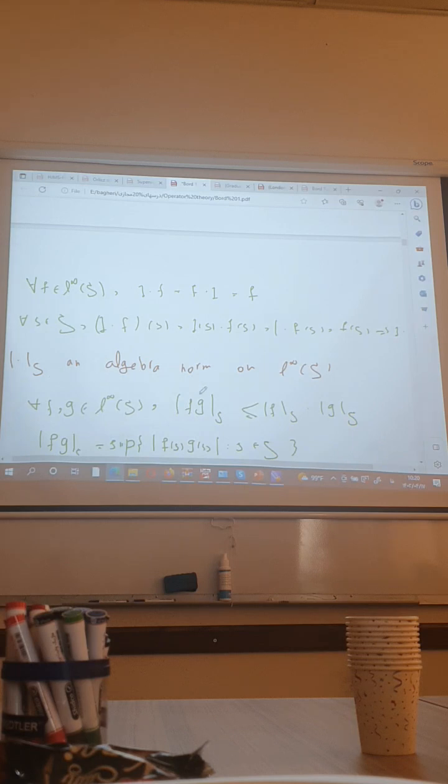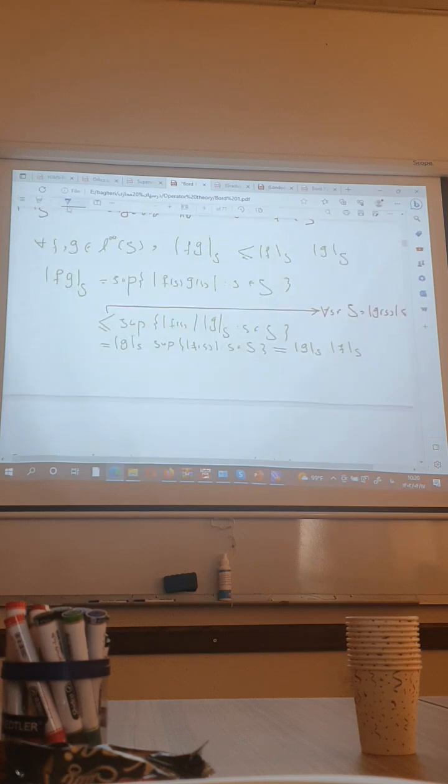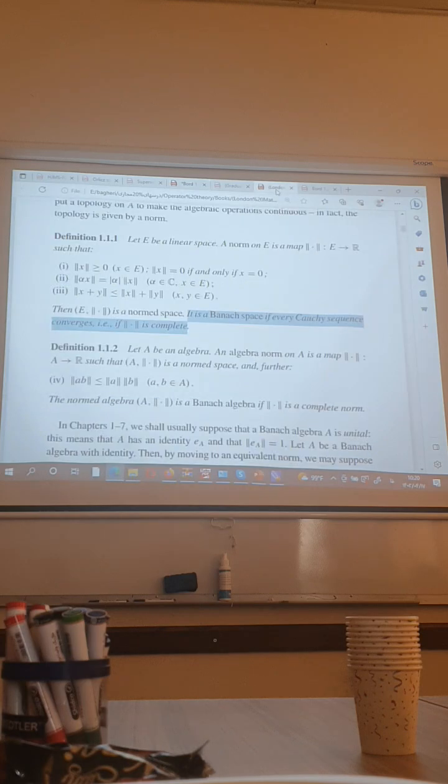This is an algebra norm also, because this is the proof of an algebra norm, okay? For any f and g in L infinity we have this property. We must have this property for an algebra, and we prove this in your classes.